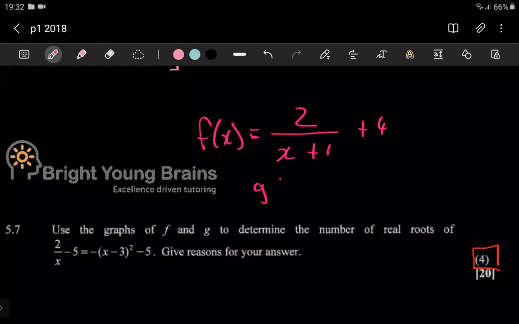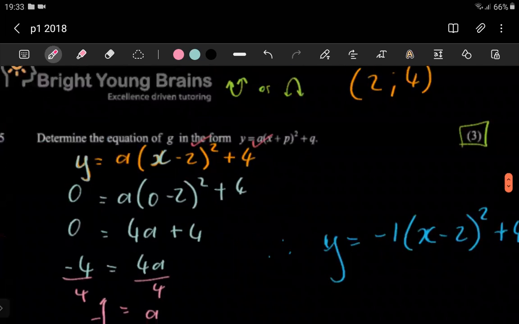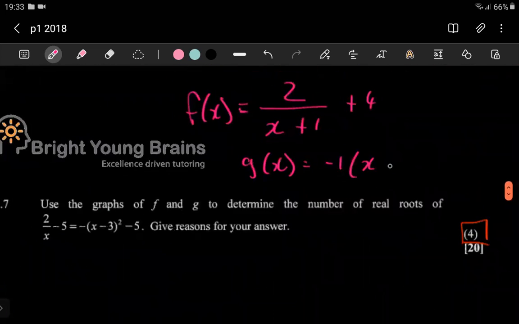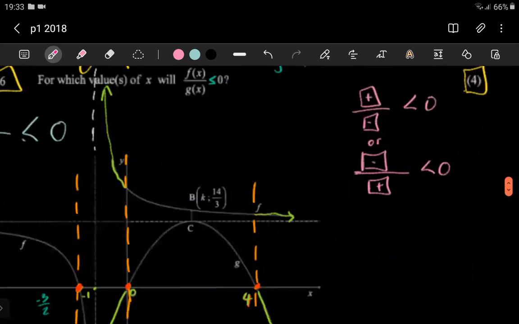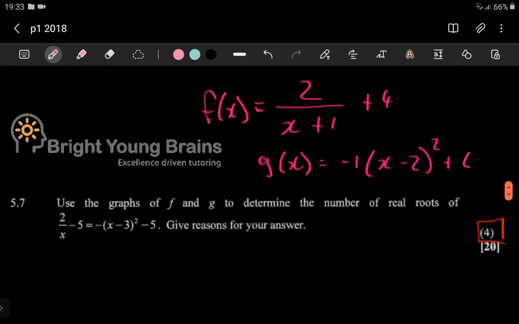The equation of g of x is negative 1, x minus 2, plus 4, x minus 2 squared, plus 4. Is it plus 4? Yeah, plus 4.